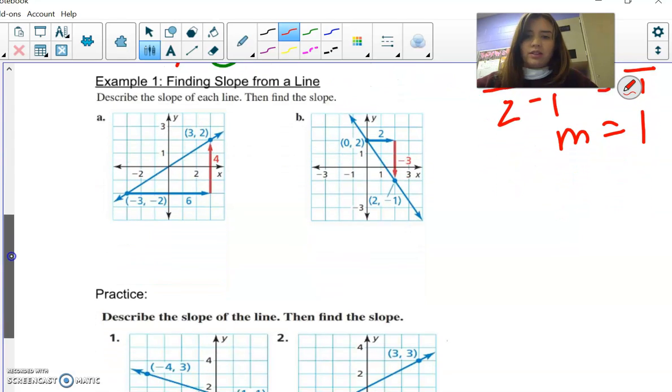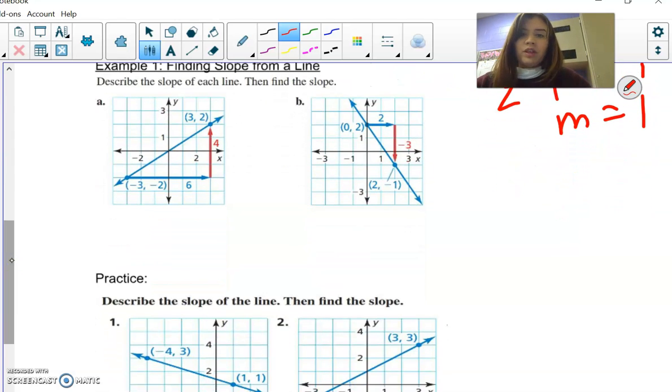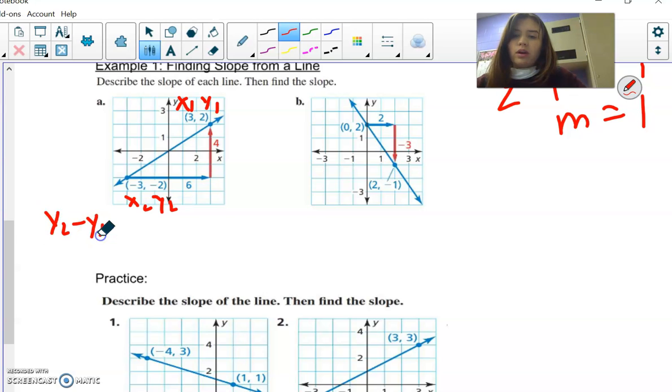Now let's do that with these points down here. We have 3, 2 and -3, -2. I'm going to label 3, 2 as our x1 and y1, -3 as our x2, and -2 as our y2. So if we're plugging this in, we have y2 minus y1 over x2 minus x1.